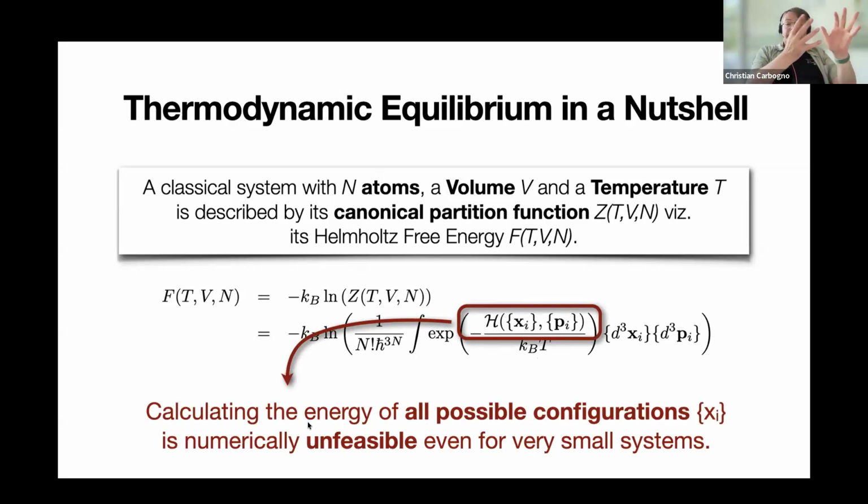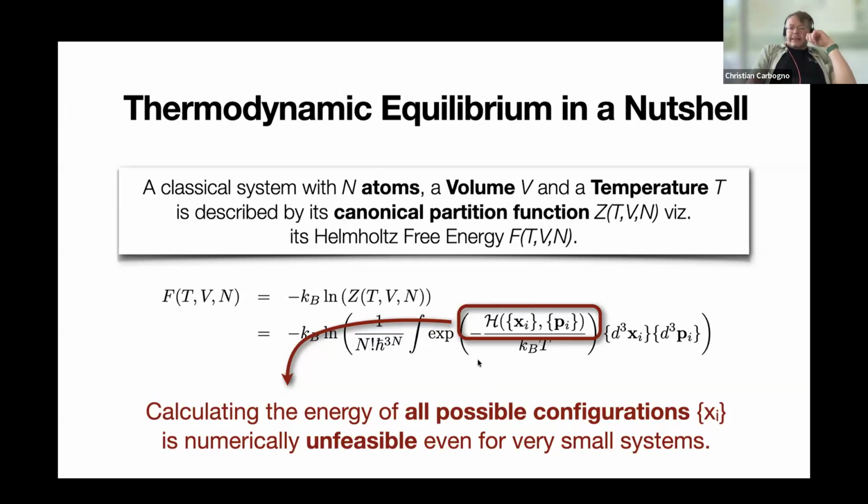You can do 1, 2 atoms, maybe 3 if you're really putting a lot of computational effort in. But calculating this partition function of free energy in that way is extremely expensive because even configurations that are very high in energy will still contribute to this exponential tail.